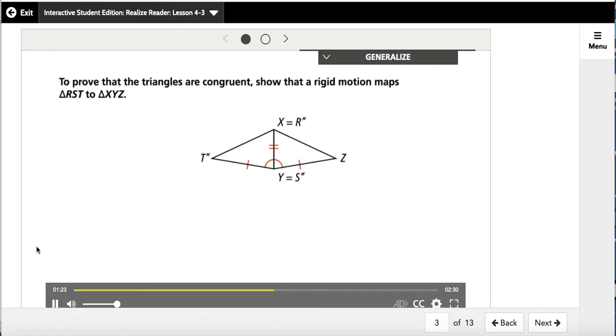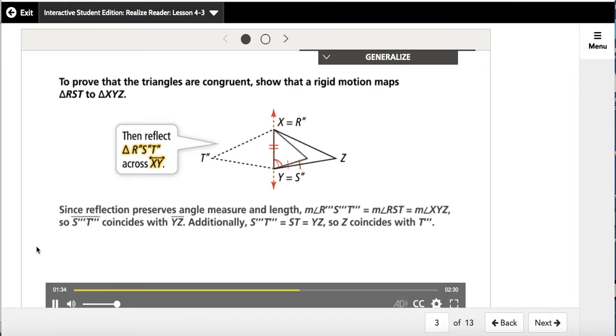To complete the mapping of triangle RST to triangle XYZ, reflect triangle R double prime, S double prime, T double prime across line XY. Since reflection preserves angle measure and length, the measure of angle R triple prime, S triple prime, T triple prime equals the measure of angle RST equals the measure of angle XYZ.